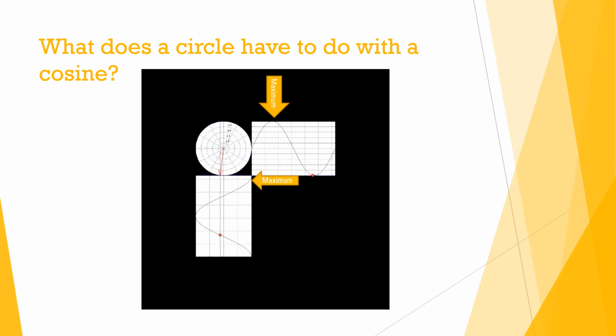So again, if I take this projection, but I move it along the time axis to correspond to the time at which the radius is at that point, then I get the sine function, which is a projection of this radius on the y-axis, and the cosine function, which is a projection on the x-axis. So in fact, when I'm talking about sine and cosine, I'm really describing this rotation of a unit vector or a unit radius on a circle.